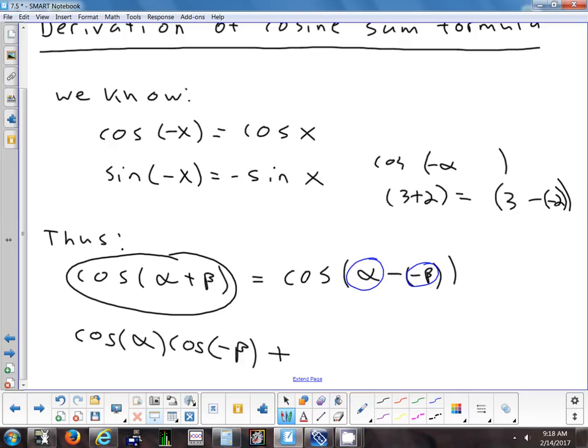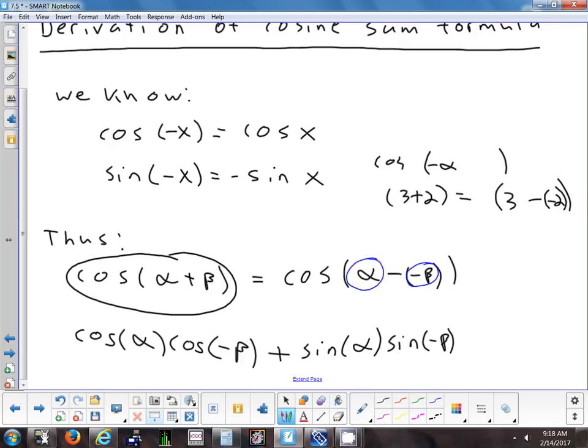All right, so we have cosine of the first times cosine of the second, and then plus, and what would be my next term? Sine alpha. Sine of the first, and can somebody else give me my last term? Brad, can you give me my last term? Sine of negative beta.